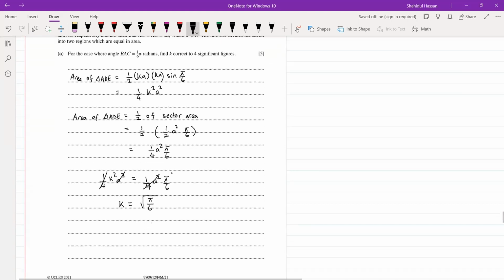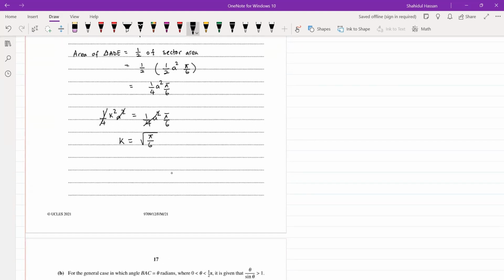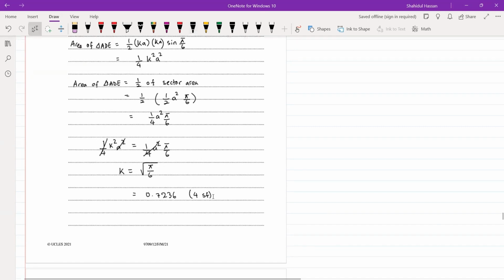The question says find k correct to 4 significant figures. So let's take out the calculator and find this value. Square root of pi over 6 should be equal to 0.7236 in 4 significant figures. Yeah, that should do. So we have the value of k.